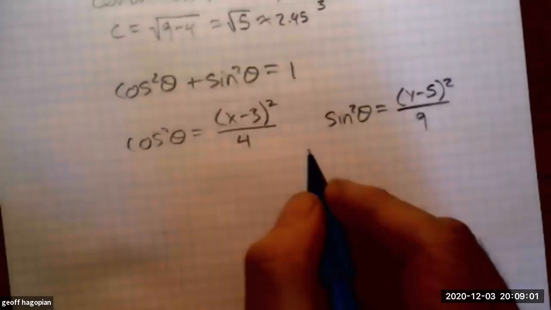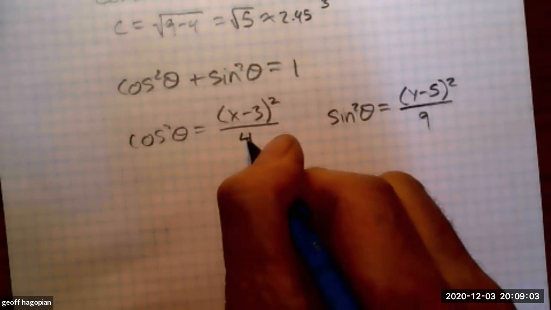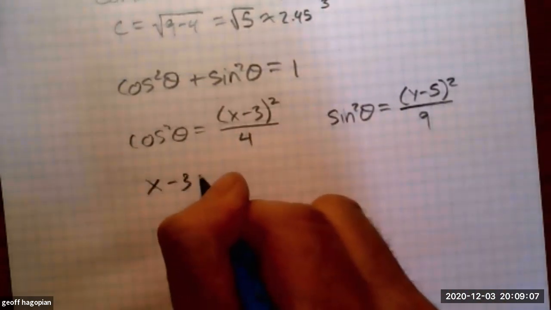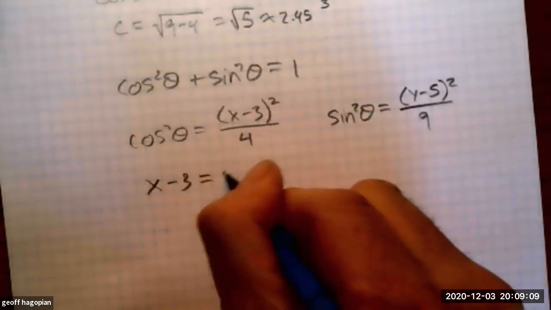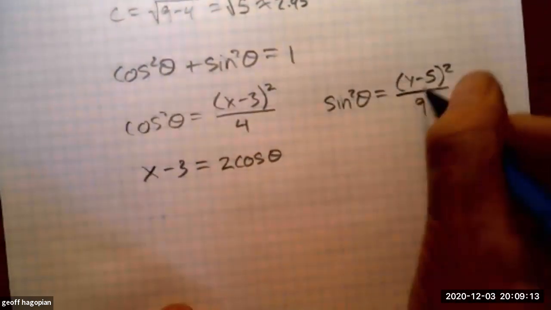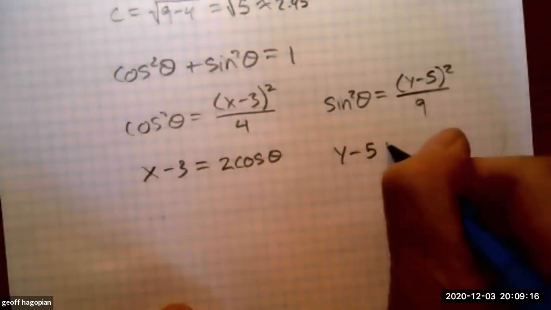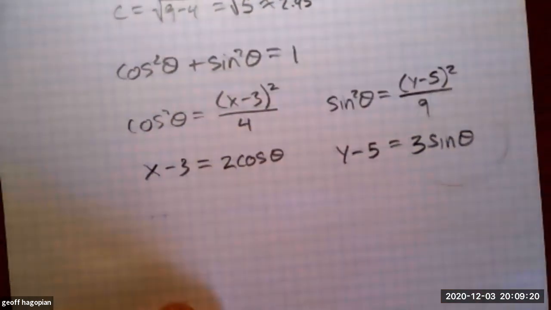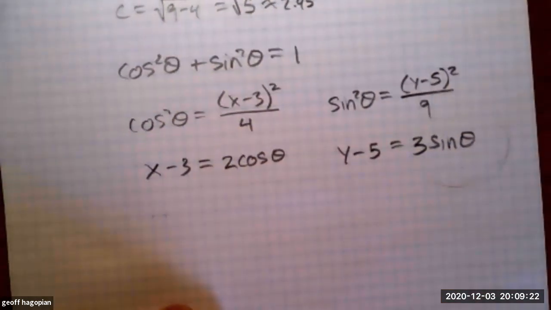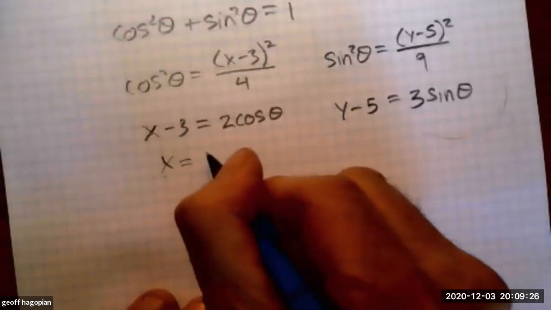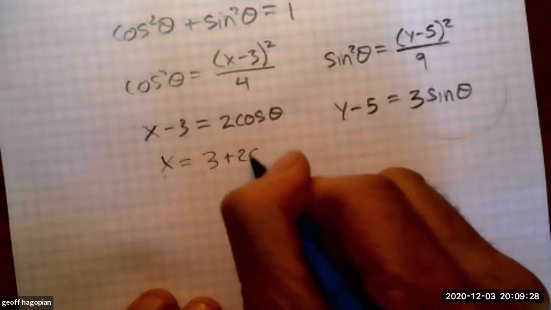We can multiply both sides by 4 and then take square roots, and we'll have x minus 3. Let's take the positive square root, emphasize the positive. It's going to be 2 cosine theta. Similarly, y minus 5 is going to be 3 sine theta. So x is 3 plus 2 cosine theta.